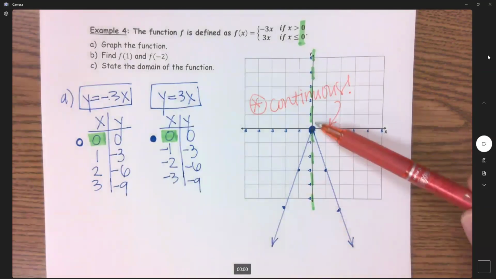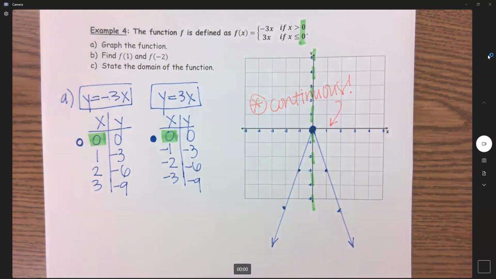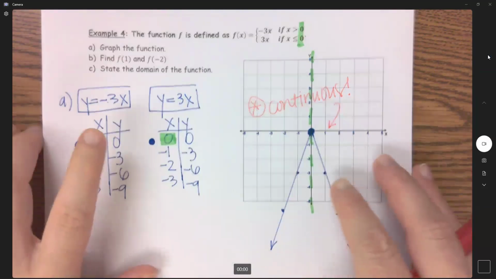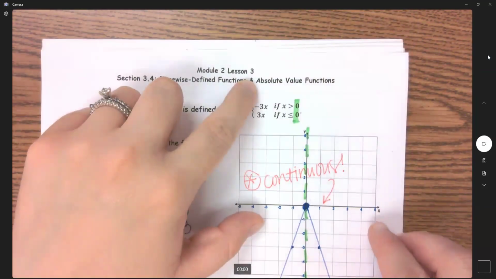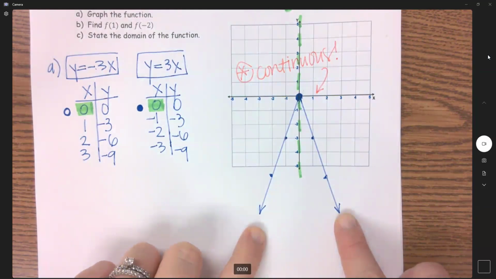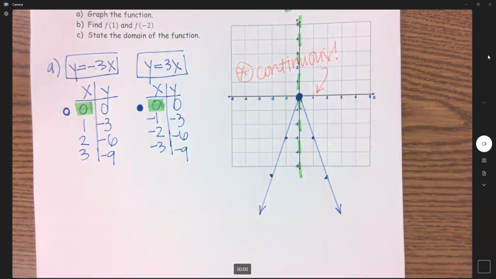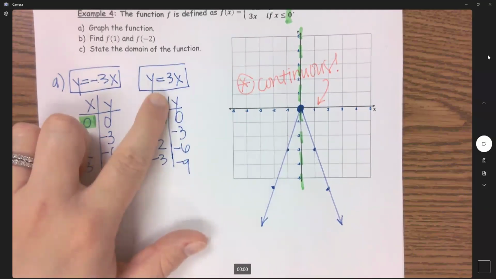This one here, you could draw with one pencil stroke, so this one would be considered continuous. This is also the bit that's a stretch. This is a graph of what your absolute value functions look like. Absolute value functions make this V. So we have graphed technically the absolute value of 3x.